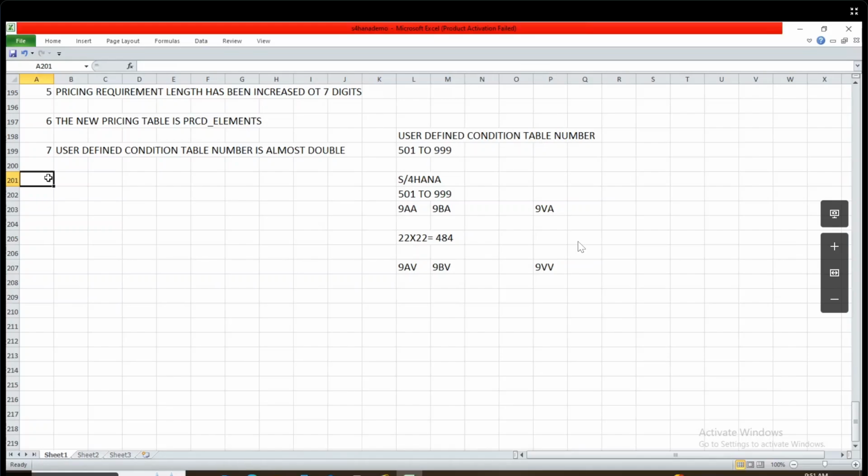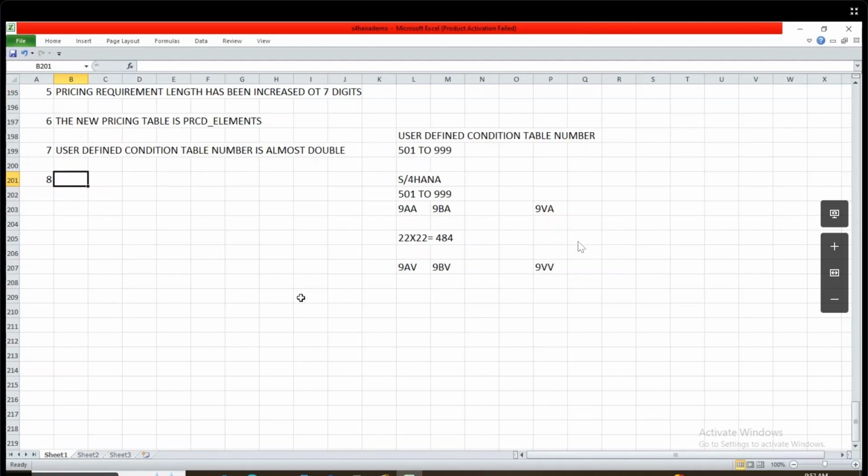All these are pricing routines, so they increased the length of the pricing routine, and it applies to requirement, group condition routine, calculation type, base type. All these come under the same category. So the user-defined condition table number is almost double here.